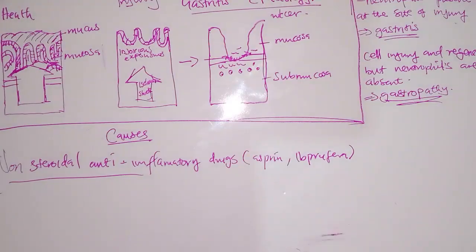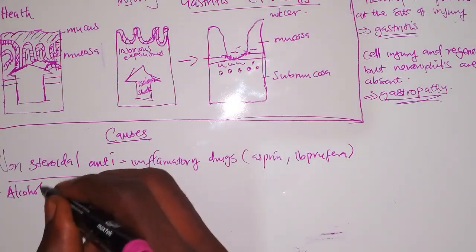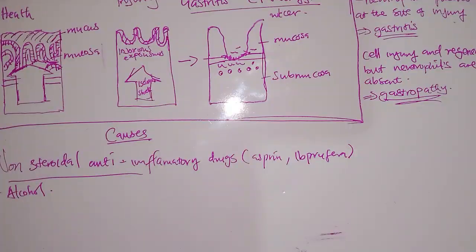Then the second thing which can cause ulcers or gastritis is alcohol. Too much consumption of alcohol can also destroy the lining of the stomach.